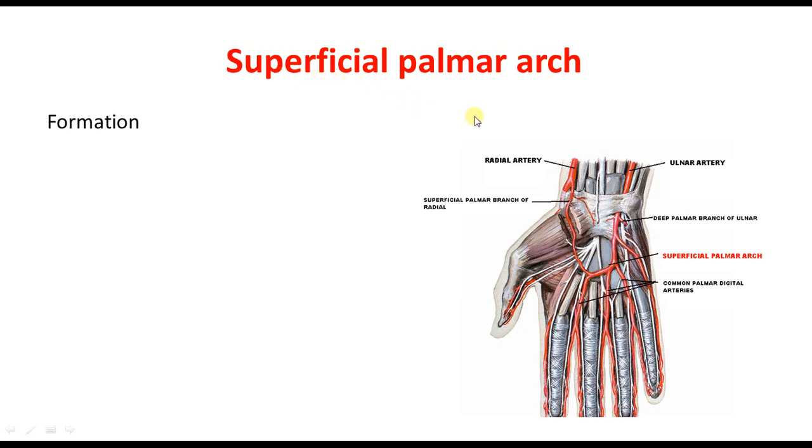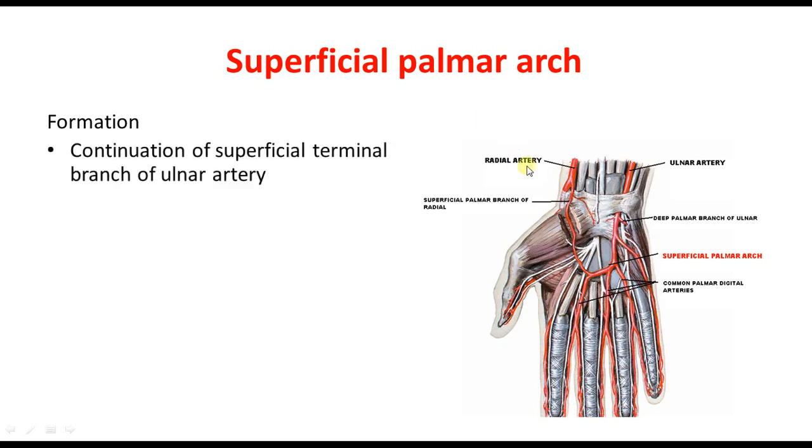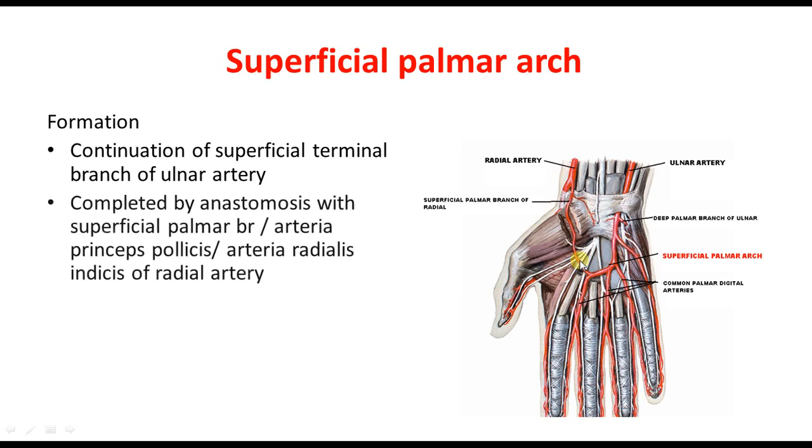The superficial palmar arch is mainly formed by the terminal part of the ulnar artery, three-fourths, and one-fourth is contributed by any one of the branches of the radial artery: the superficial palmar branch of the radial artery, or the arteria princeps pollicis to the thumb, or the arteria radialis indicis.